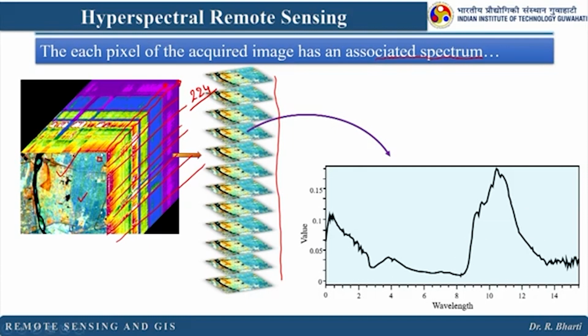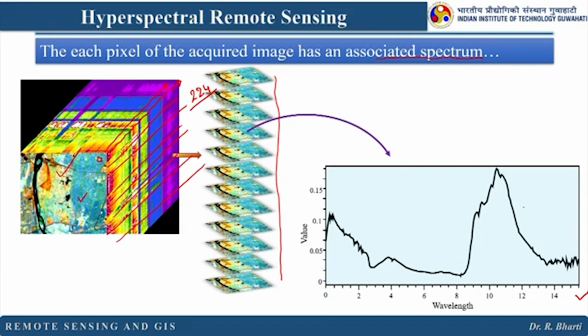Here you can see another example, this is not the actual data. For this particular pixel, this is the information. Let us assume this particular sensor is working between 0.4 and maybe 15 or 16 micrometer, and these are the responses.